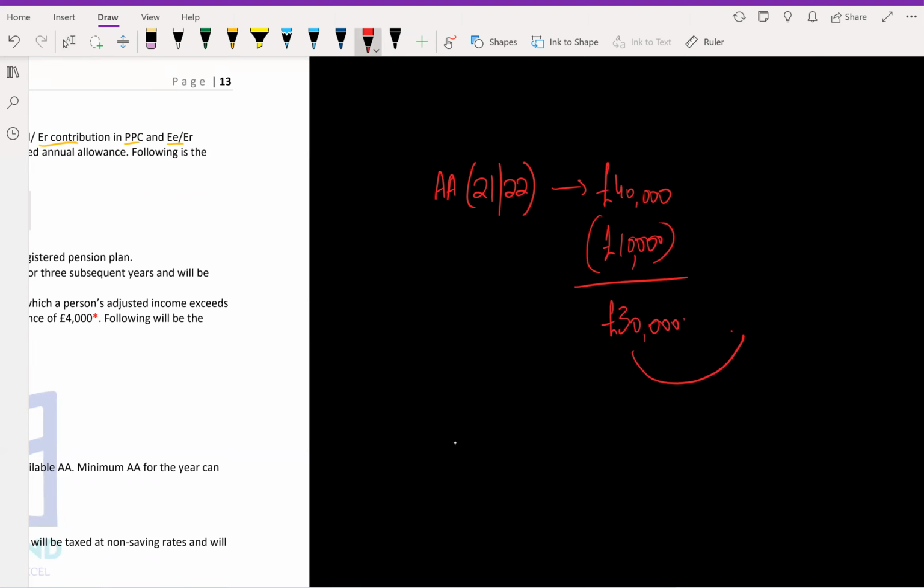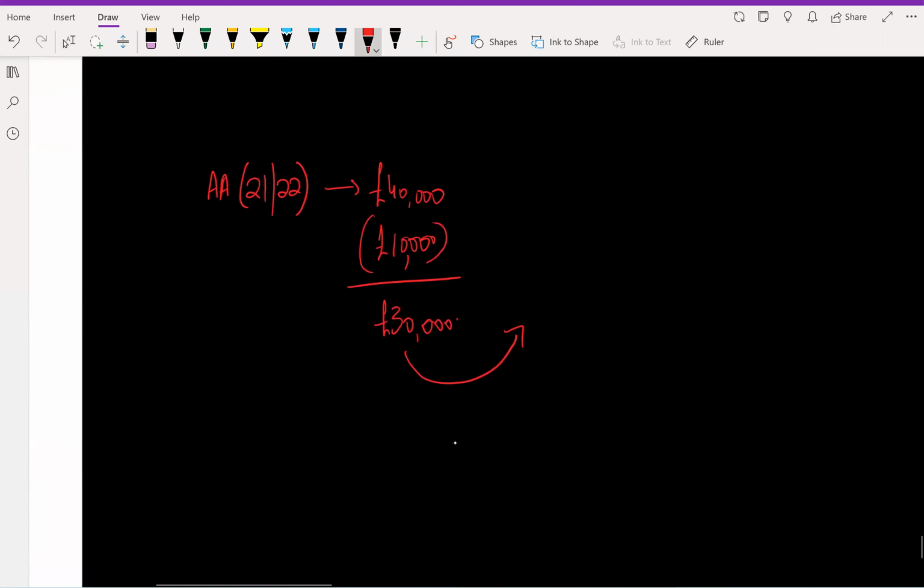This can be carried forward up till 3 years. If you use the 21, 22 annual allowance within these 3 years, good for you. But if you're not able to use it within 3 years, it expires and it goes to waste.